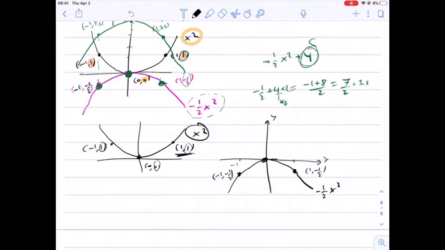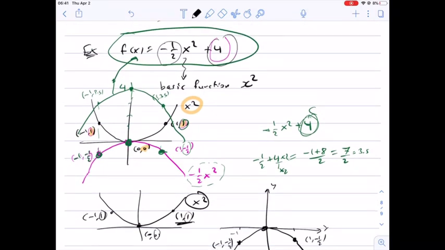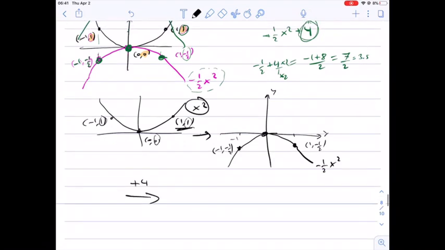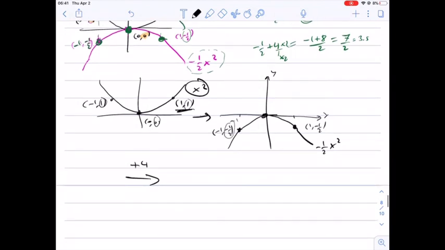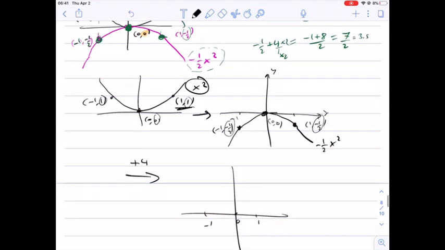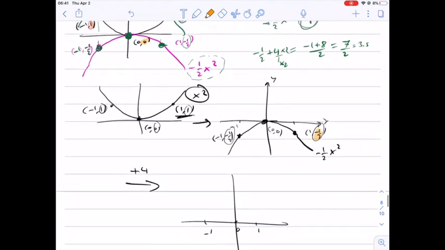And then the last step is to, after determining these points, we need to add 4. So add 4, that means we make a shift up by 4 units. So we add 4 to the y coordinates of these points. So this point is 1, this is negative 1, this is 0. So if we add 4 to the y coordinate of this point 1 negative 1/2, we get 3.5.